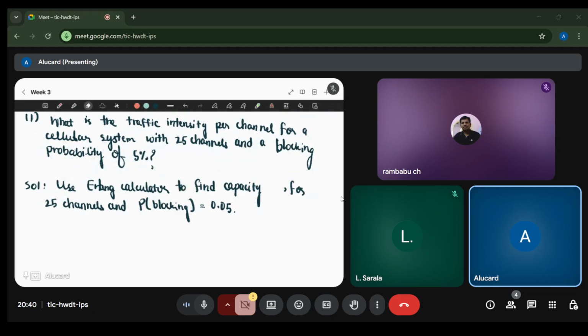So this is not C, this is A. It's called traffic intensity.